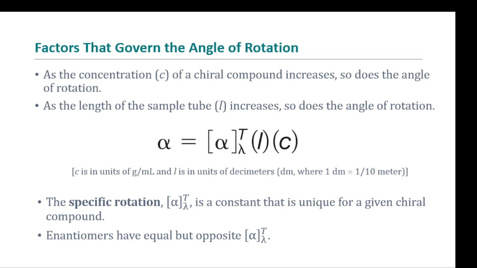As the length of your sample tube increases, so does the angle of rotation. So that right there is the length. That's the concentration right there. That's the measured angle of rotation right there. And this one with the brackets is the specific rotation. That one's the constant, and it's unique for a given chiral compound.